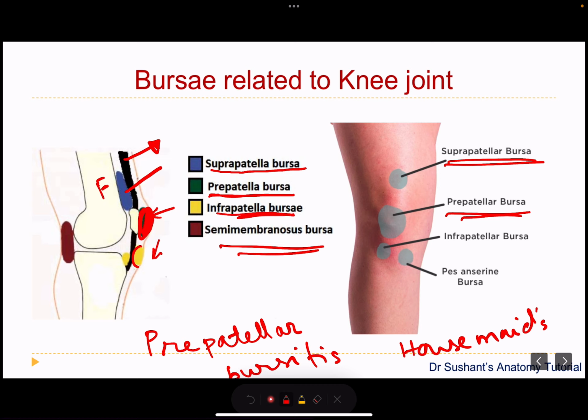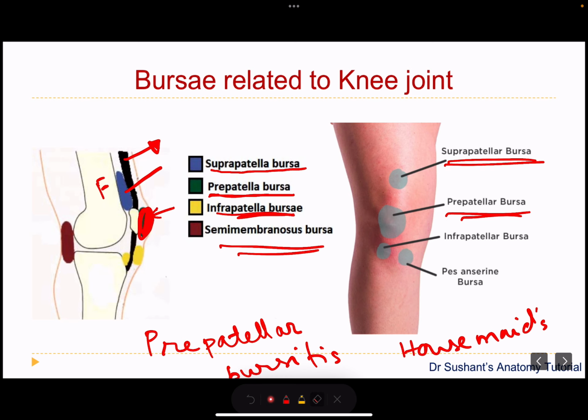Then we also have the subcutaneous infrapatellar bursa. This yellow colored one is the subcutaneous infrapatellar bursa, which lies beneath the skin below the patella. It is also known as the clergyman's knee. When you just kneel down, as in praying, as the clergymen do, your subcutaneous infrapatellar bursa is swollen in the kneeling position with the trunk upright.